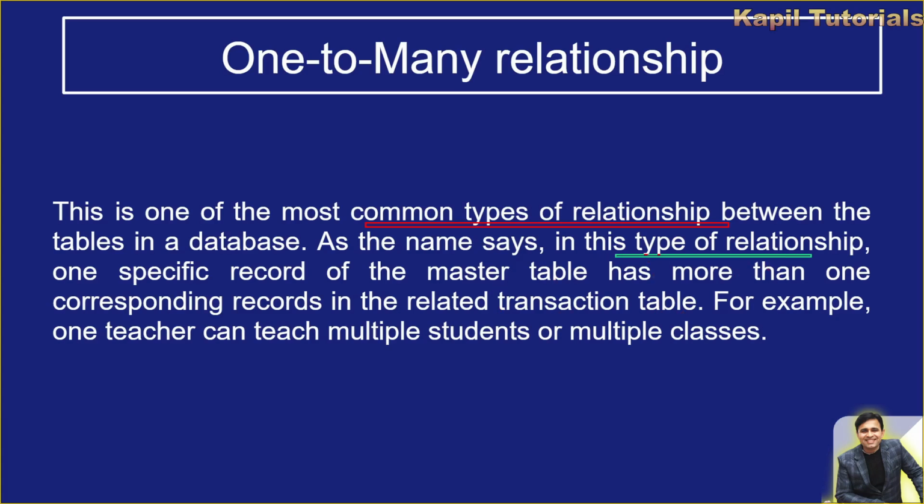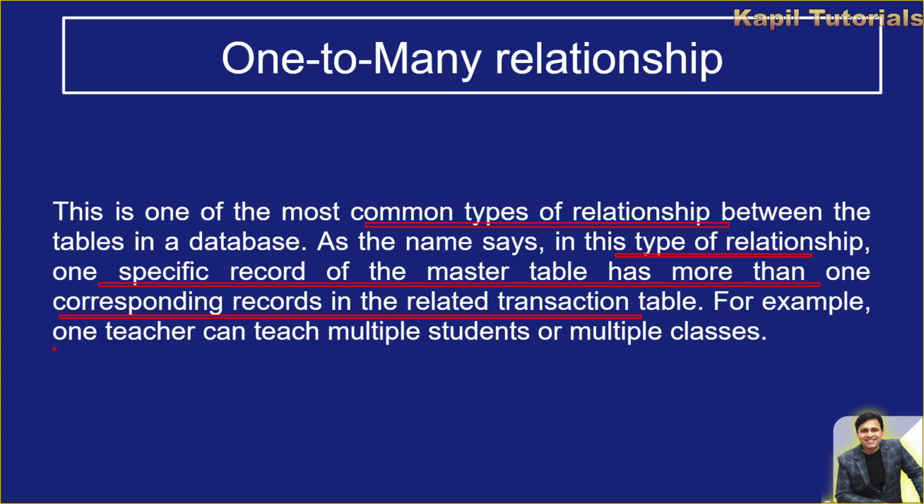In this type of relationship, one specific record of the master table has more than one corresponding record. So that means in the transaction table, based upon that particular record, like suppose admission number, it could have more transaction records.